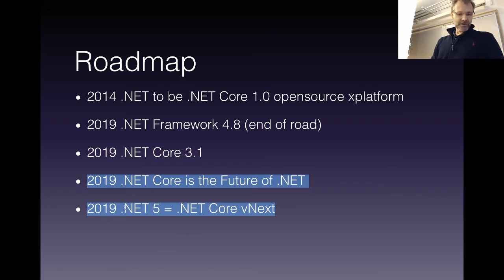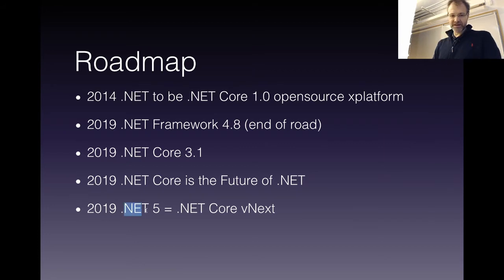So they are going with something they call .NET 5. It's an ongoing development project where they try to merge together all the techniques they have, making the platform easier, making it one platform for all target applications.